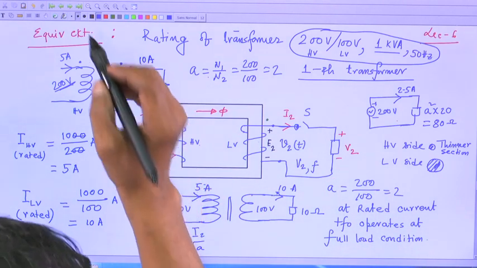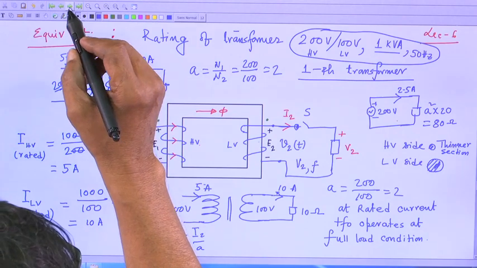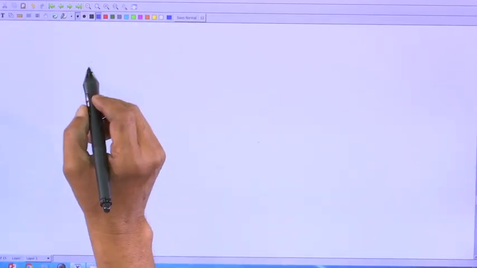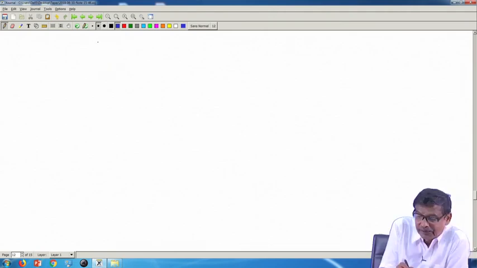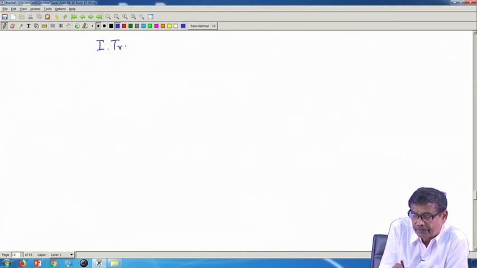Acha. Next thing in this lecture, so that it creates interest in you, we are continuing with an ideal transformer, mind you.